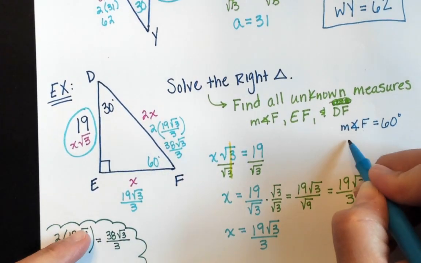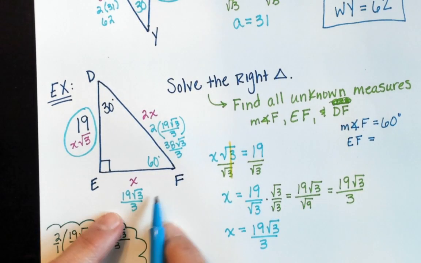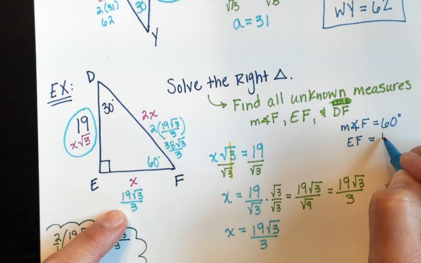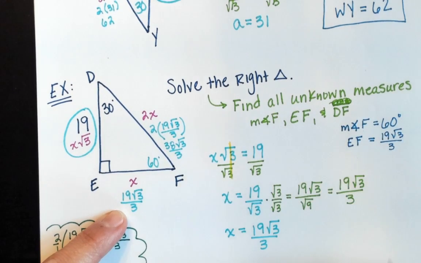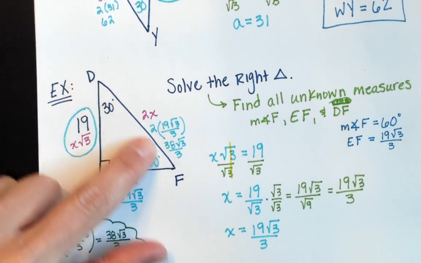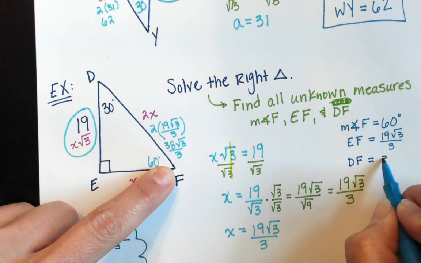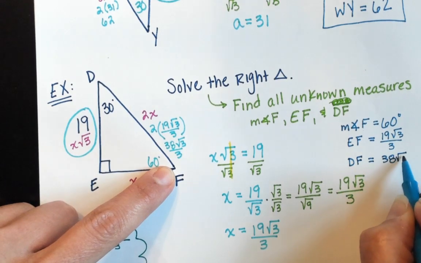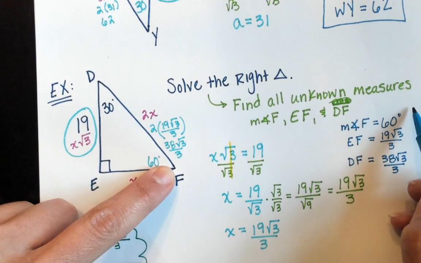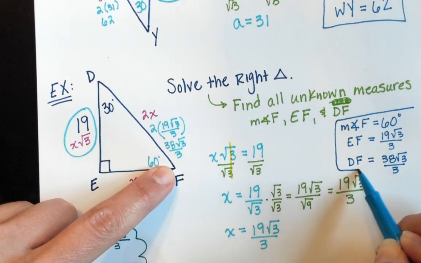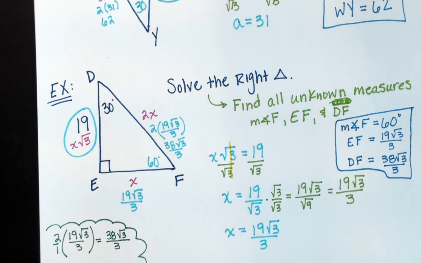I'm looking for the length of EF, which we knew was 19 radical 3 over 3. And now we have DF as 38 radical 3 over 3. And so the bulk of this work is the rationalizing.